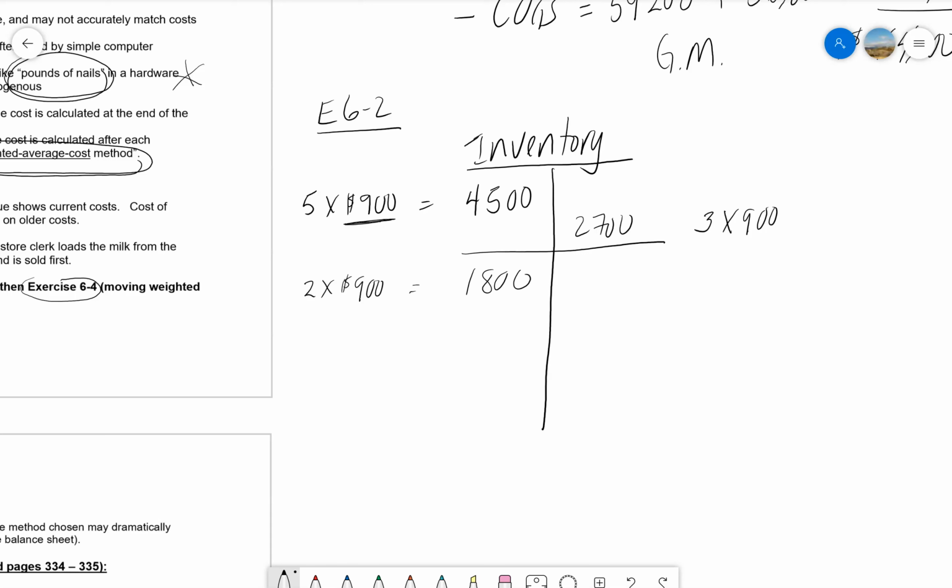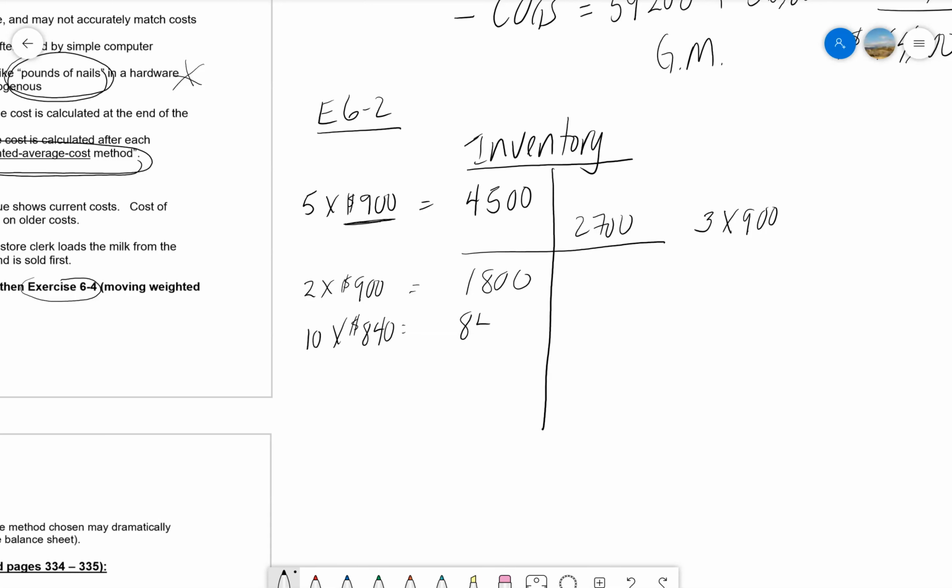So this is actually similar to what the textbook refers to as the perpetual inventory record. It basically just shows the flow of inventory coming in and being sold on a chronological basis. Next, what happens is on May the 8th, we purchased 10 units, and now we have a different price. Now we have 10 units at $840 per unit.